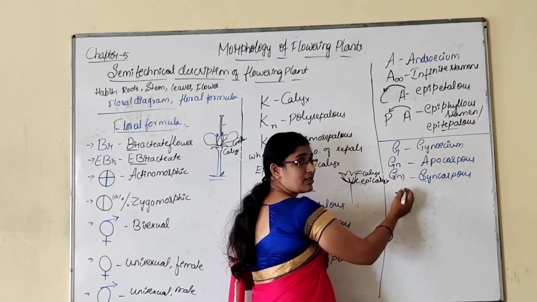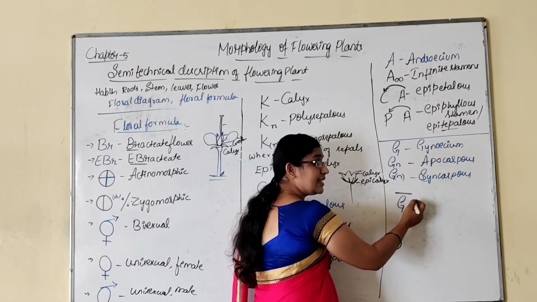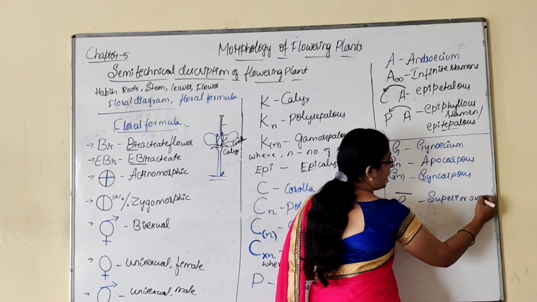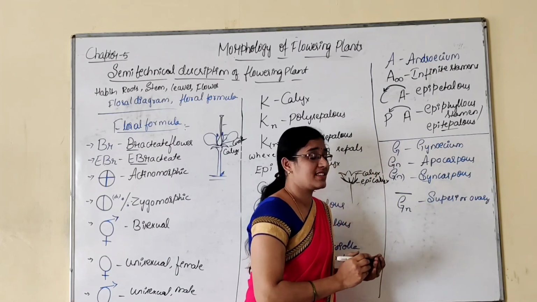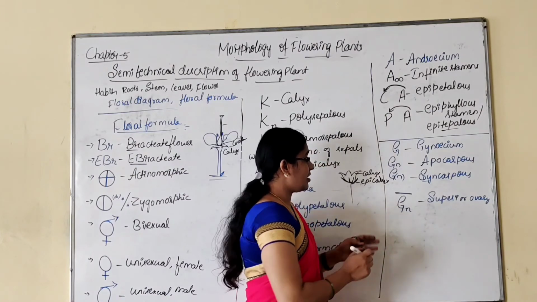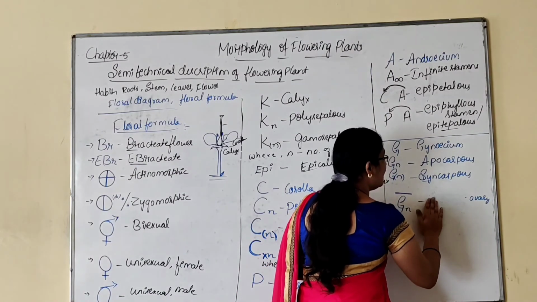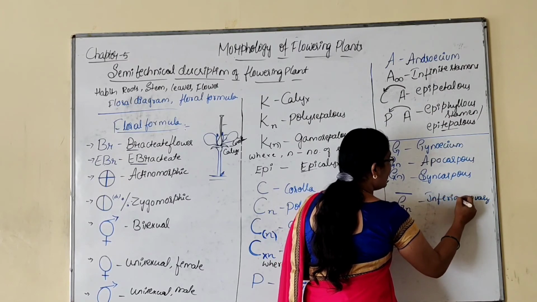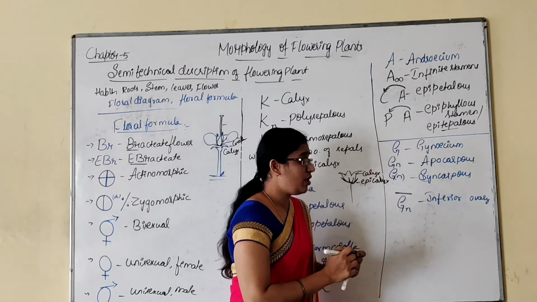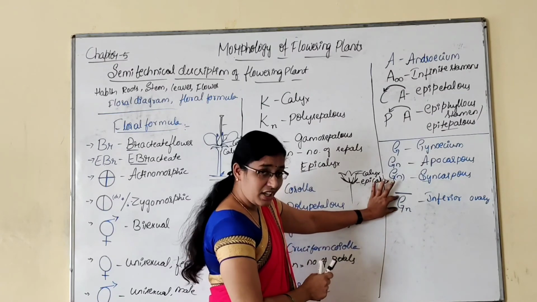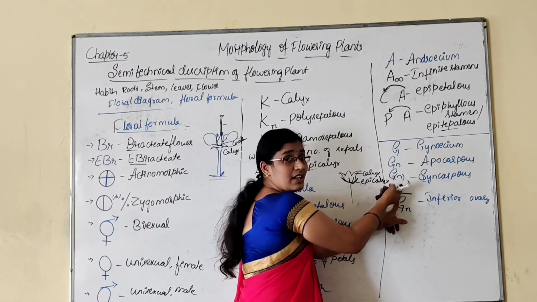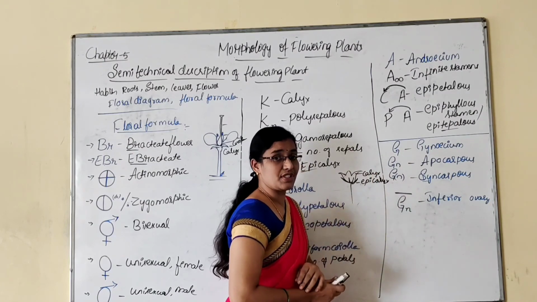So in G, if there is a dash above the N at the foot, this indicates the inferior ovary. That means the ovary is occupying the inferior position, whereas calyx, corolla and androecium are occupying the superior position.